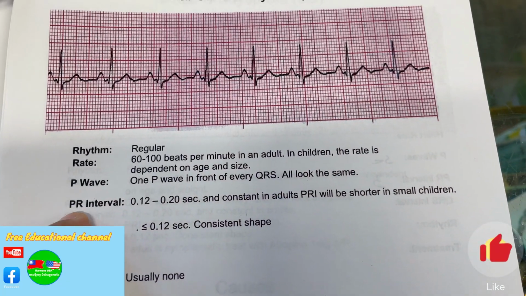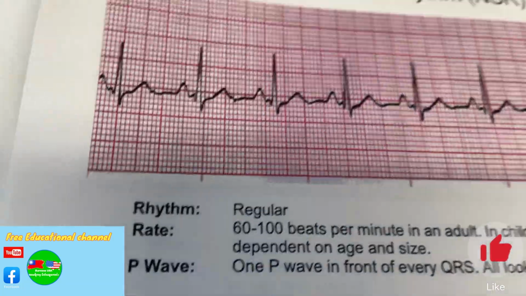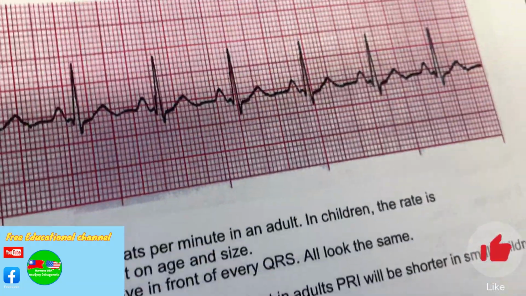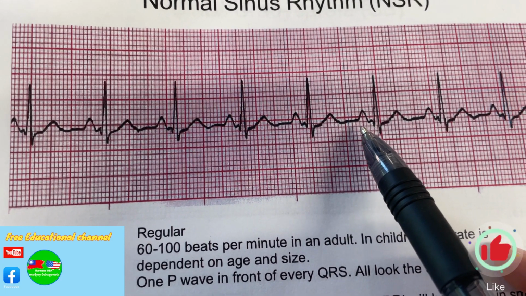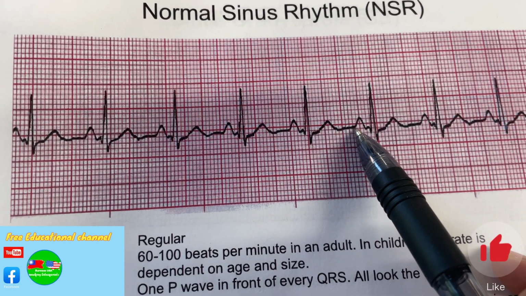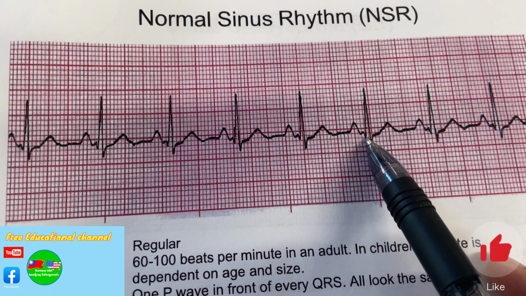Okay, and PR interval. The PR interval starts from the start of the P and ends right before the QRS. So from here to here, not here.